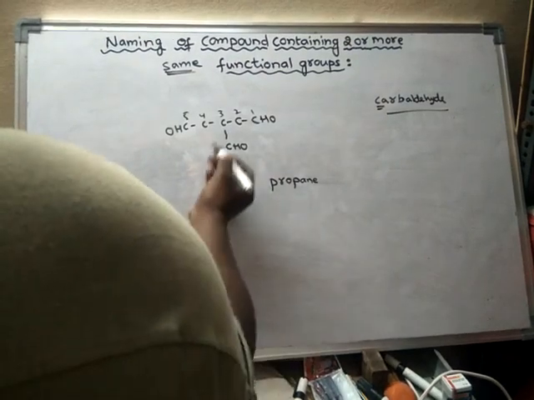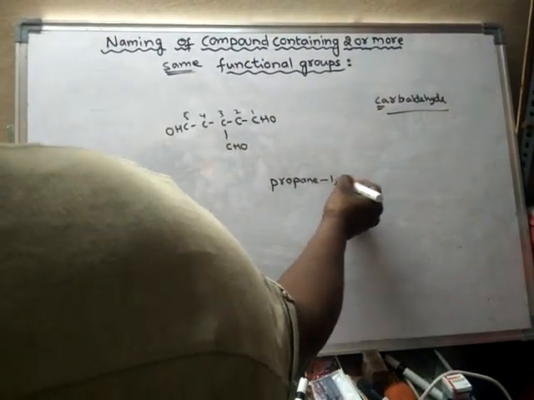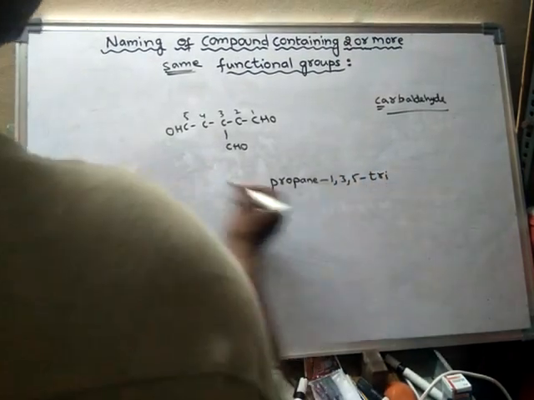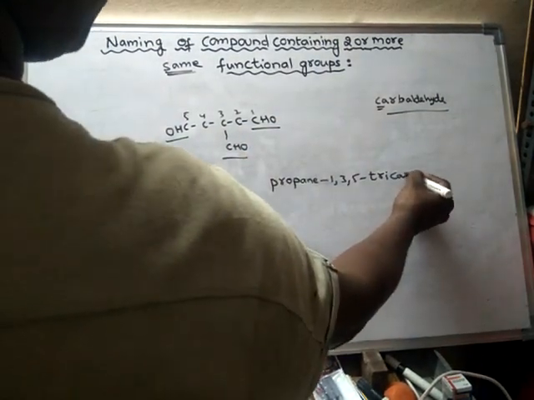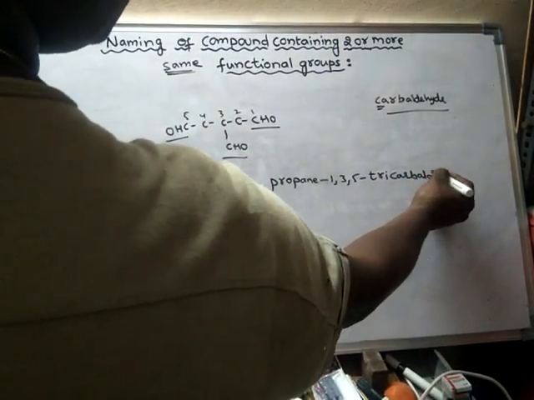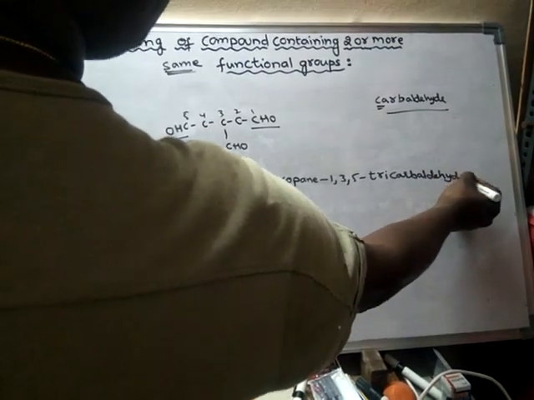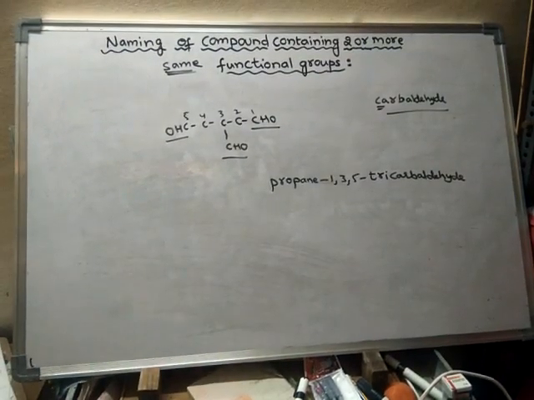So propane, with CHO groups on the first carbon, third carbon, and fifth carbon. So 1, 3, 5. Tri, because there are three CHO groups. So tricarbaldehyde. This is the name of this compound.